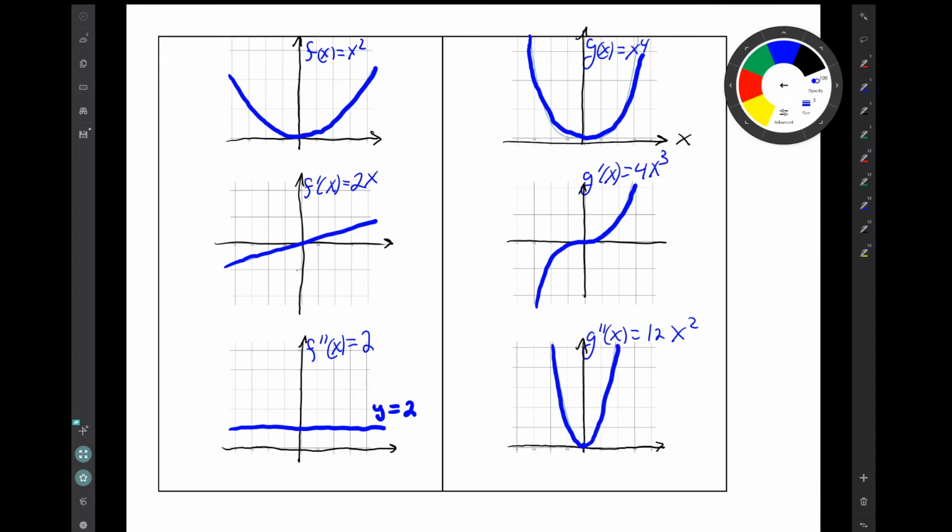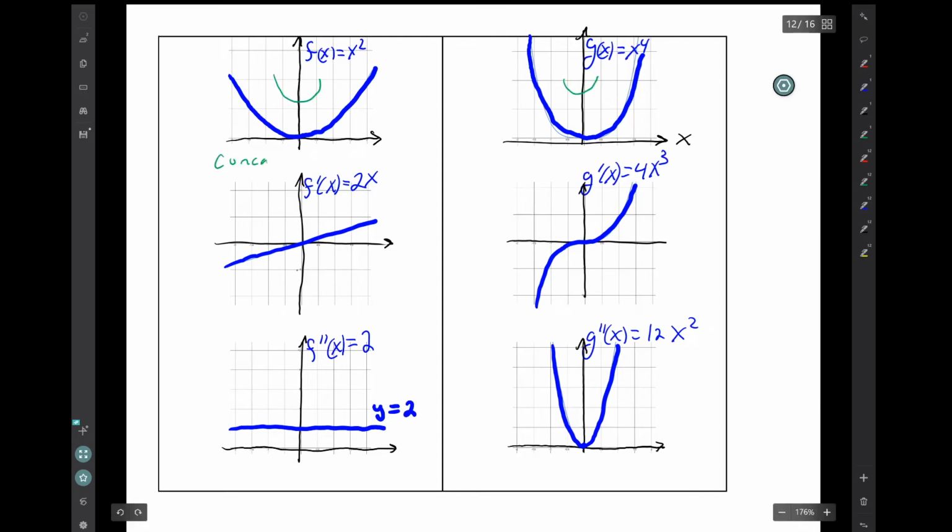So there are our graphs of f, f prime, f double prime, and g, g prime, g double prime. Notice that both f and g are concave up for all x values. And notice that f prime and g prime are both increasing for all x values. That makes sense because that's how concavity is defined.